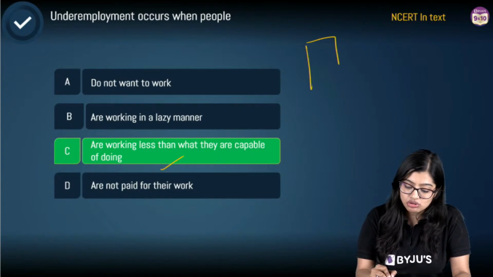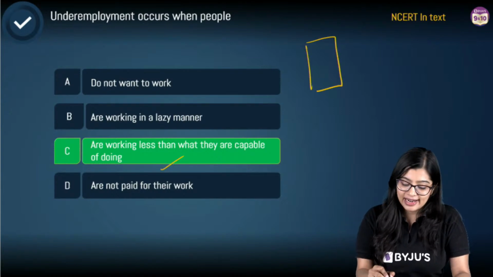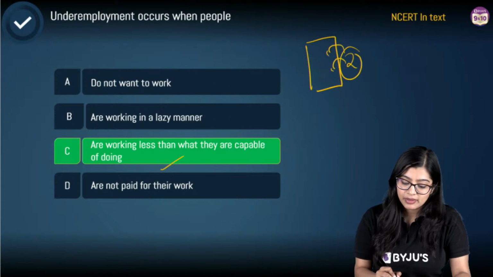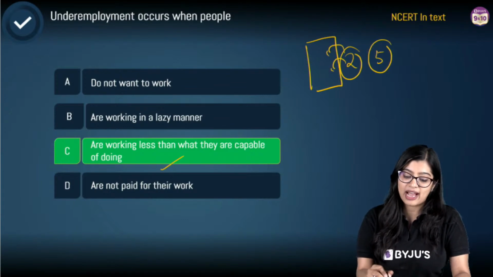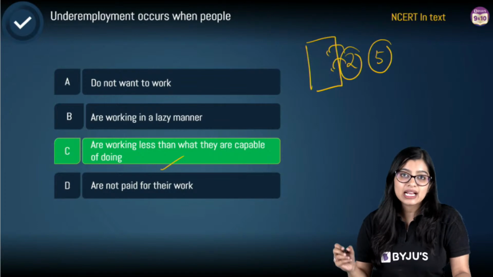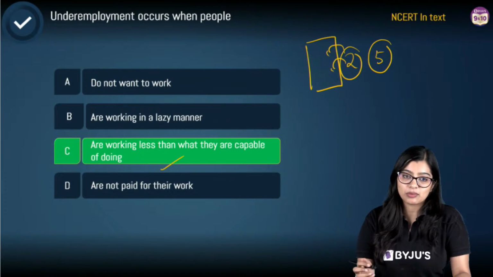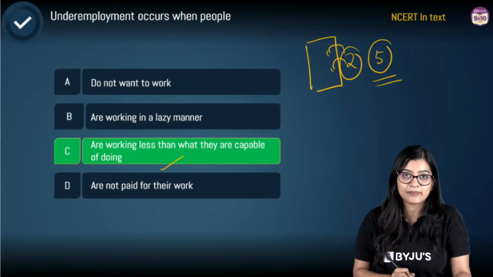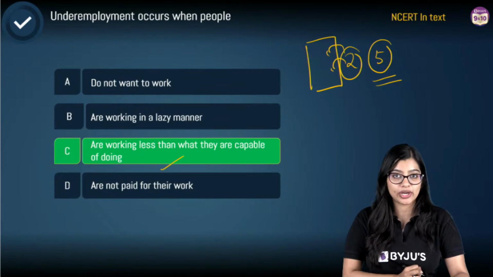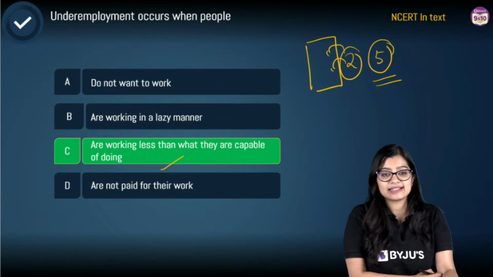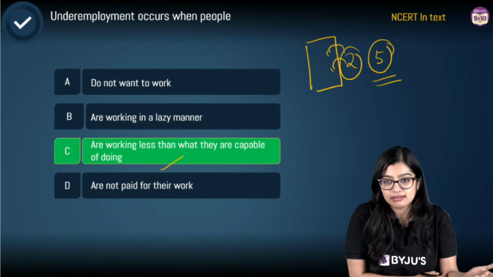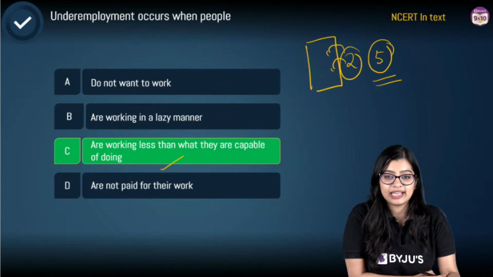If I have a small piece of land and ideally 2 people are enough to do the work, but instead one whole family of 5 is working on it, then 5 people are not needed and they're not generating enough income. It's as good as them being unemployed, which is why we call this underemployment or disguised unemployment. Yes?